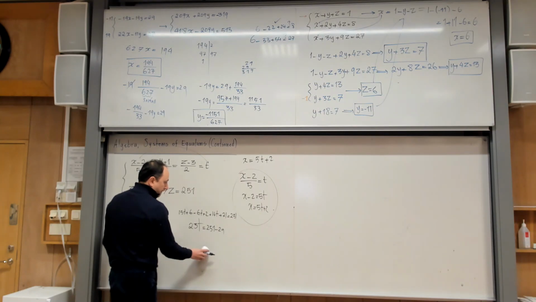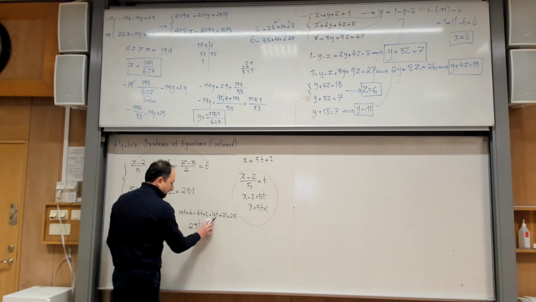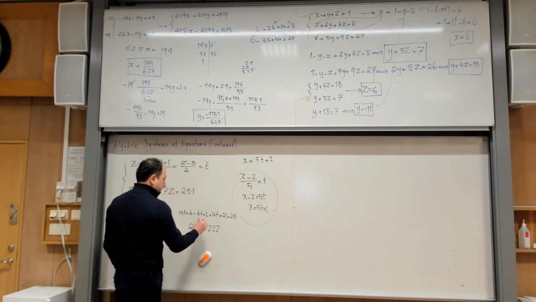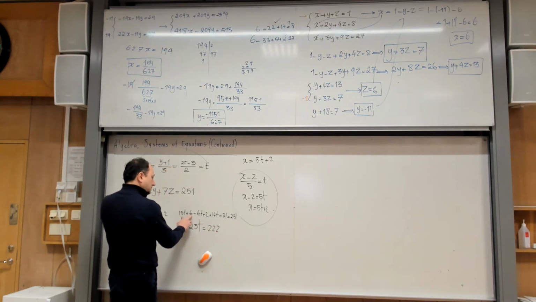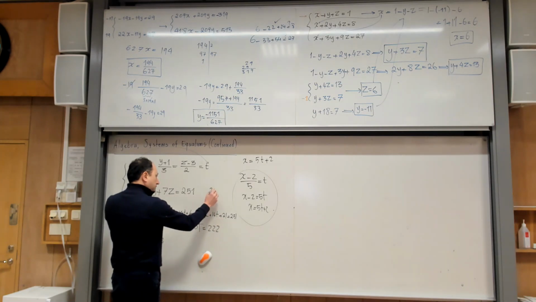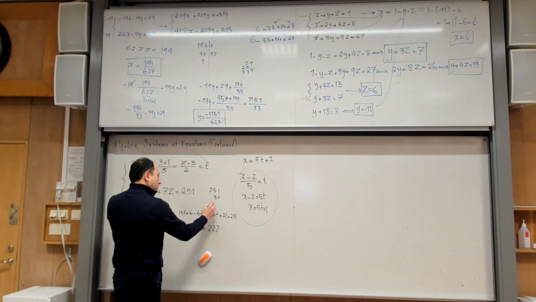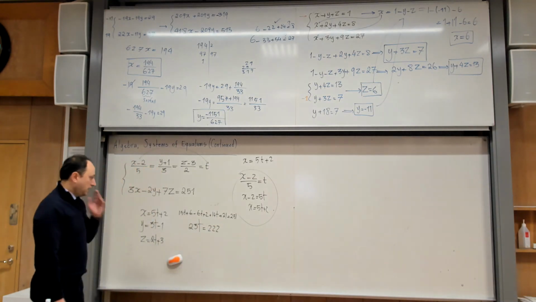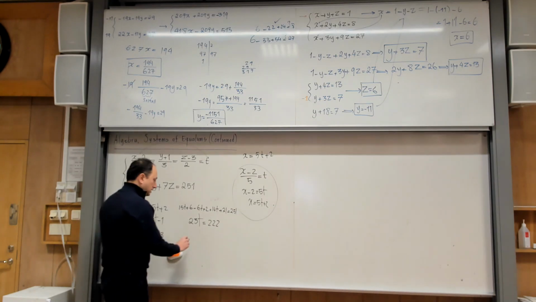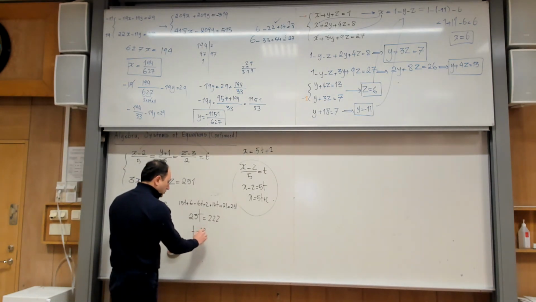Do you agree? 222. Am I right? So let me double check. 8, 29, 251 minus 30. If I do it, it becomes 221. 222. Am I right? Yes? And then what is t? T is 222 divided by 23.